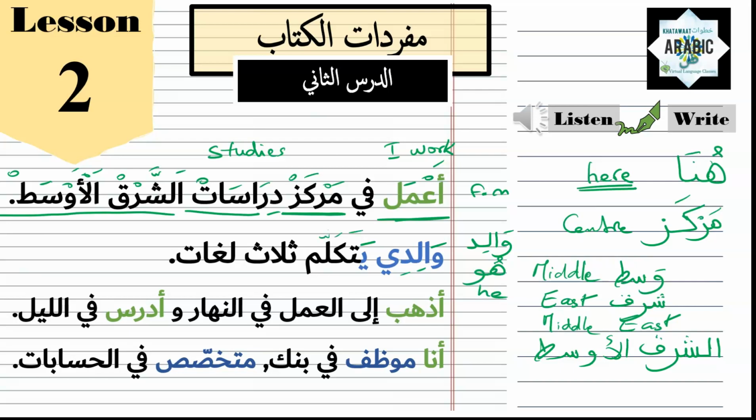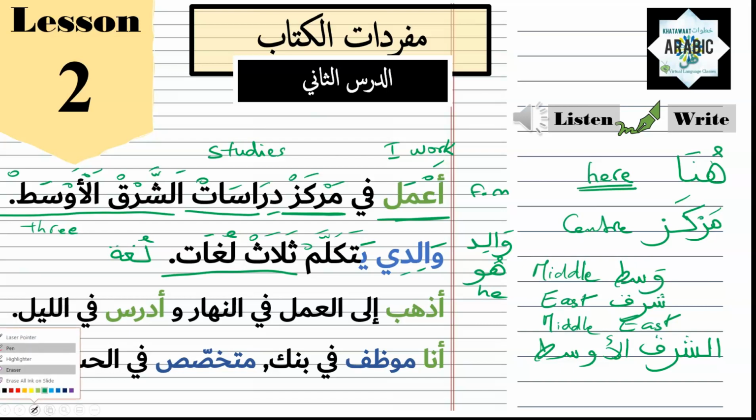والدي يتكلم 3 لغات. Here's our other plural words. 3 لغات. 3 is 3. And then we're using the word لغات, which is the plural of لغة, language.